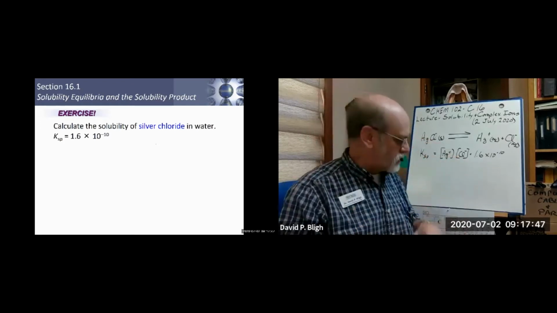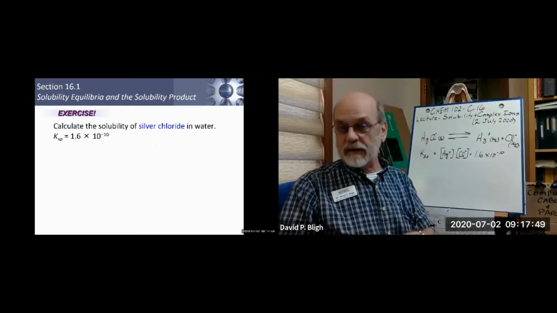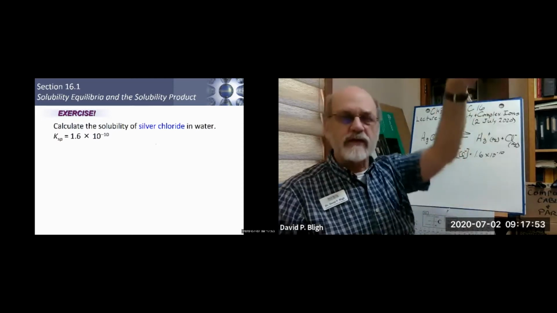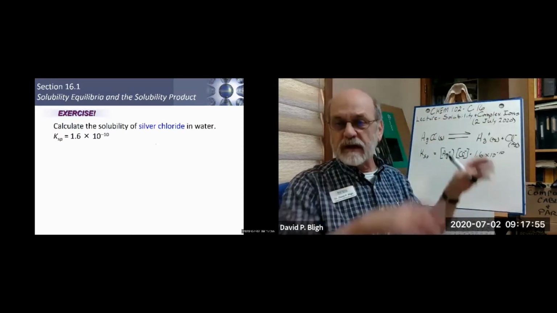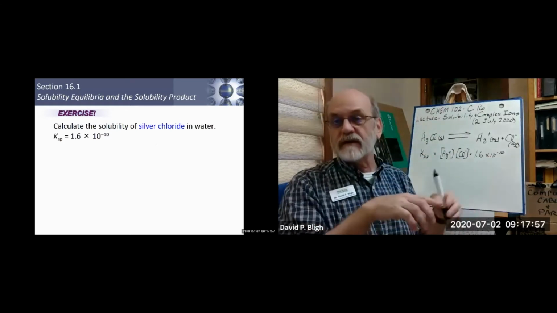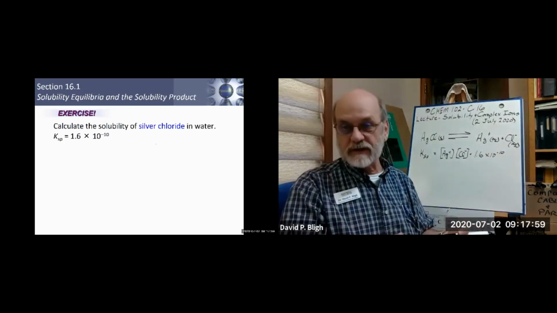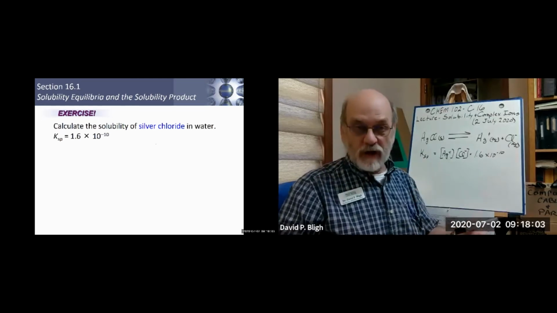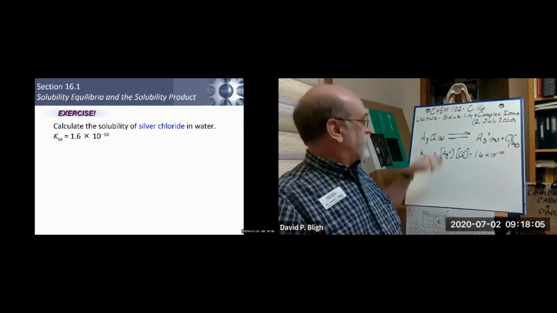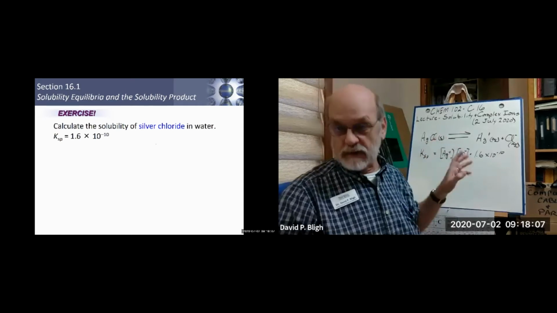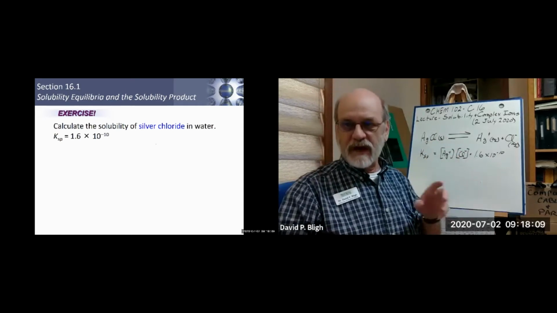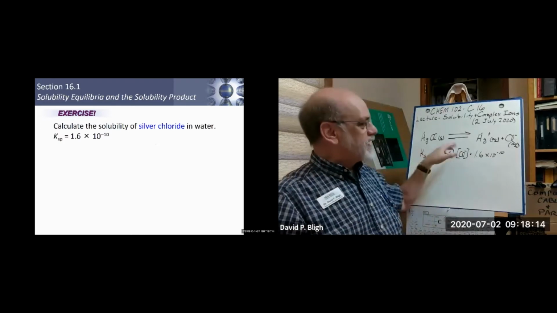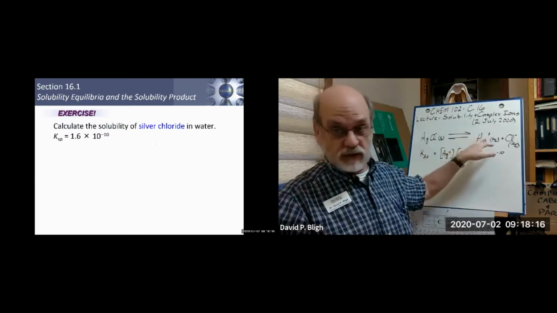If you use that chart, where you have the cations across the top and anions down the left, and you find out where they intersect, that tells you their solubility. That chart would say that silver chloride is insoluble. But that's insoluble in quotes, because now we're saying that some of it does go into solution.